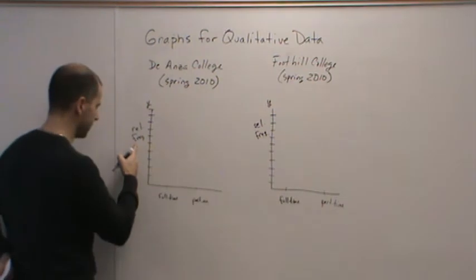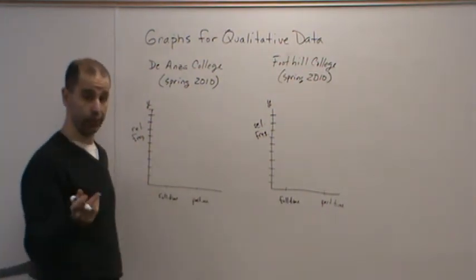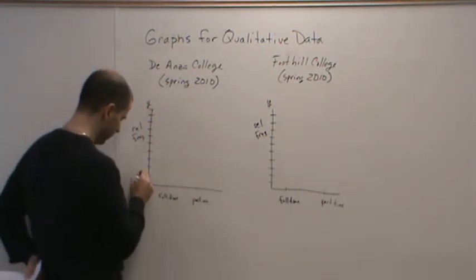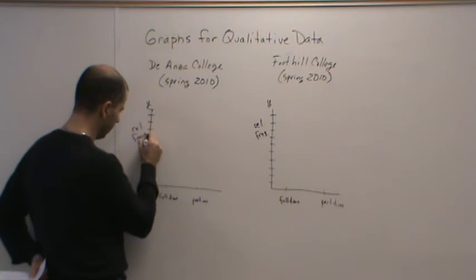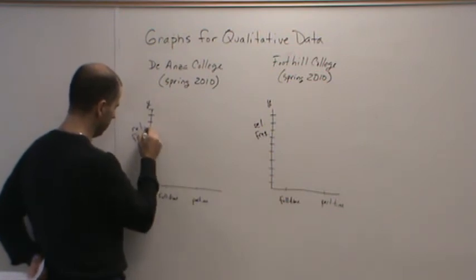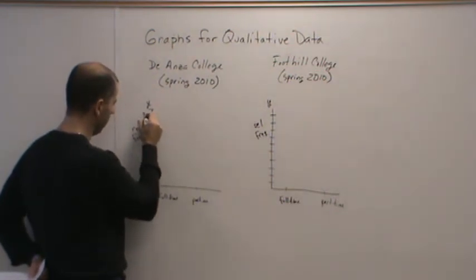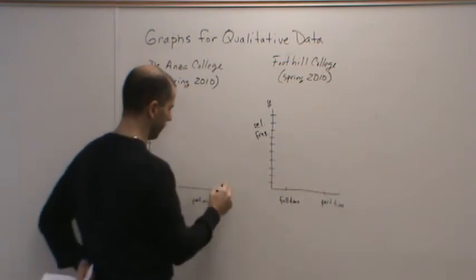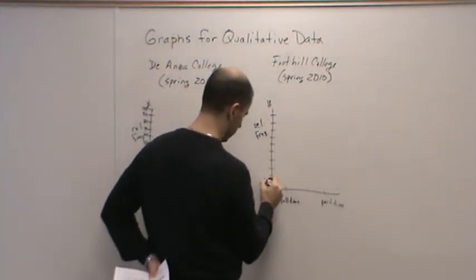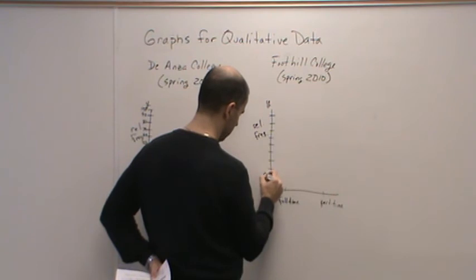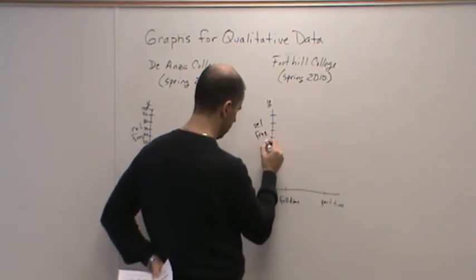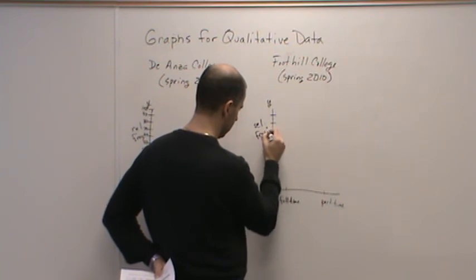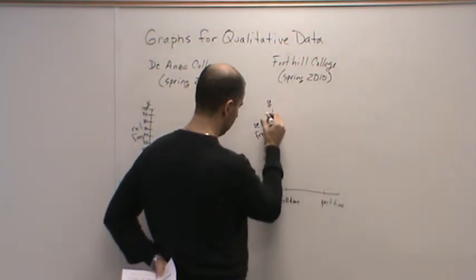Since these are relative frequencies, I'm just going to go up by 10%. So this will be 10, 20, 30, 40, 50, 60, 70, 80, 90, and 100%. This is going to go 10%, 20, 30, 40, 50, 60, 70, 80, 90, and 100.